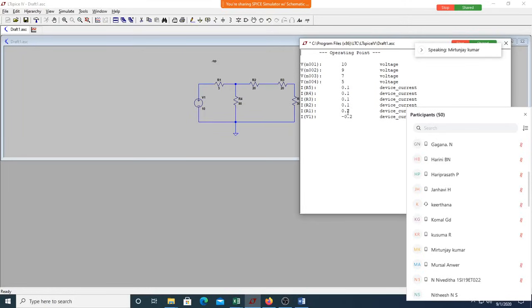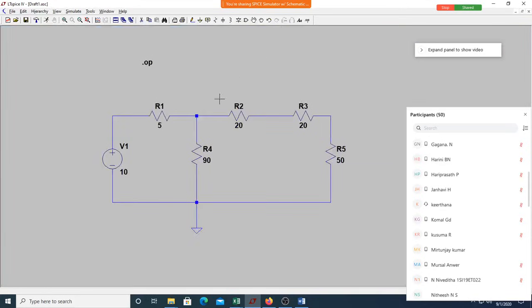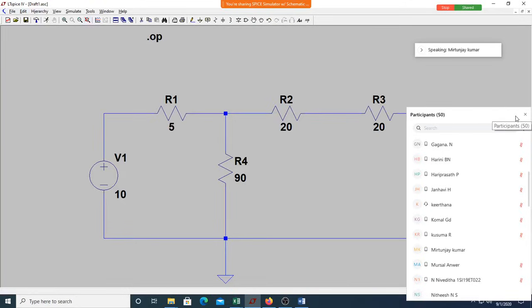So what does this mean? The reason this particular current I of V1 is negative is that the simulator always considers the current entering the positive terminal of this power supply. Our actual conventional current is the current leaving the voltage source.